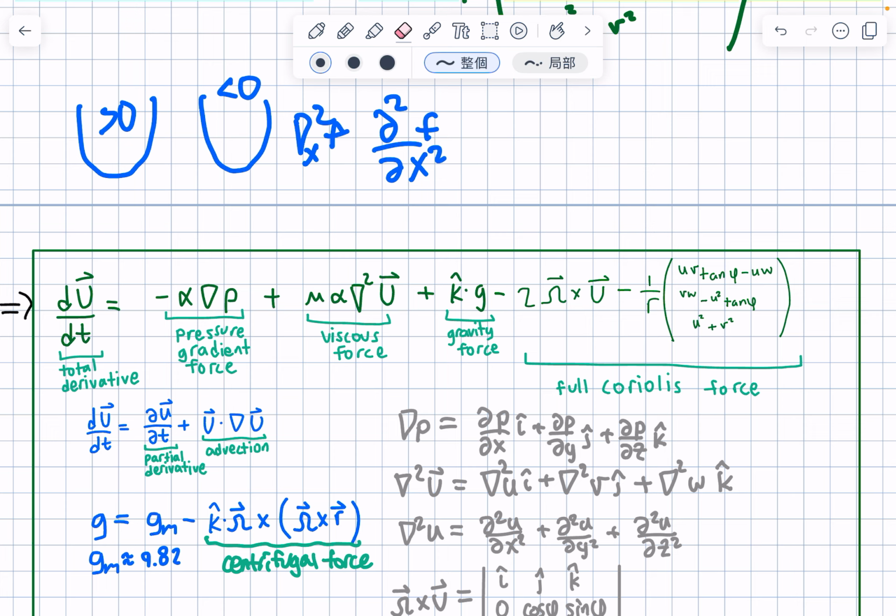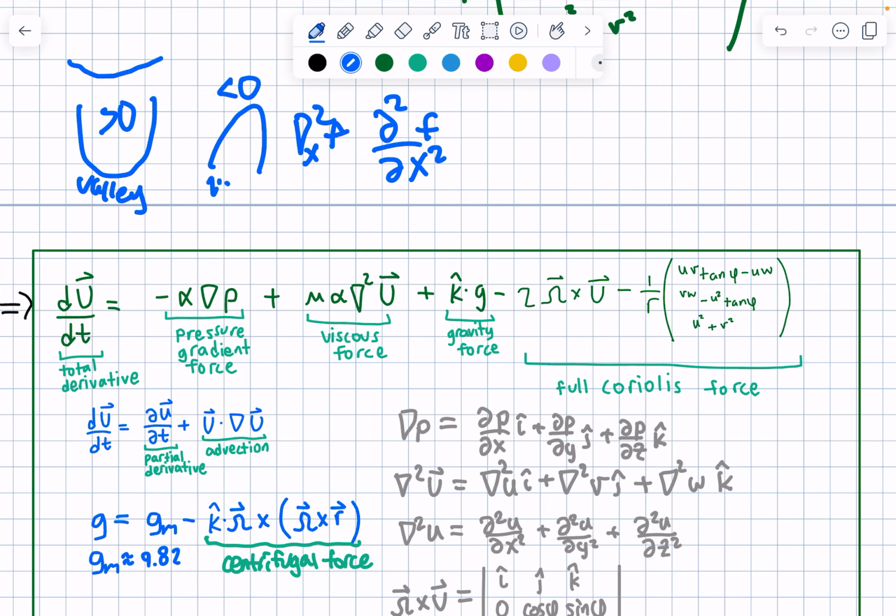Greater than zero means that valleys, like this one, are getting smaller, so the valley becomes more like this.